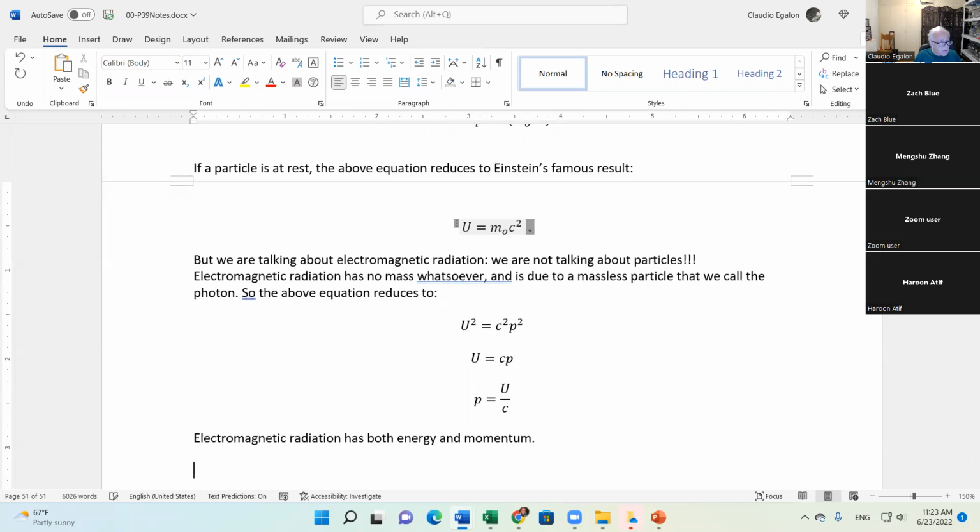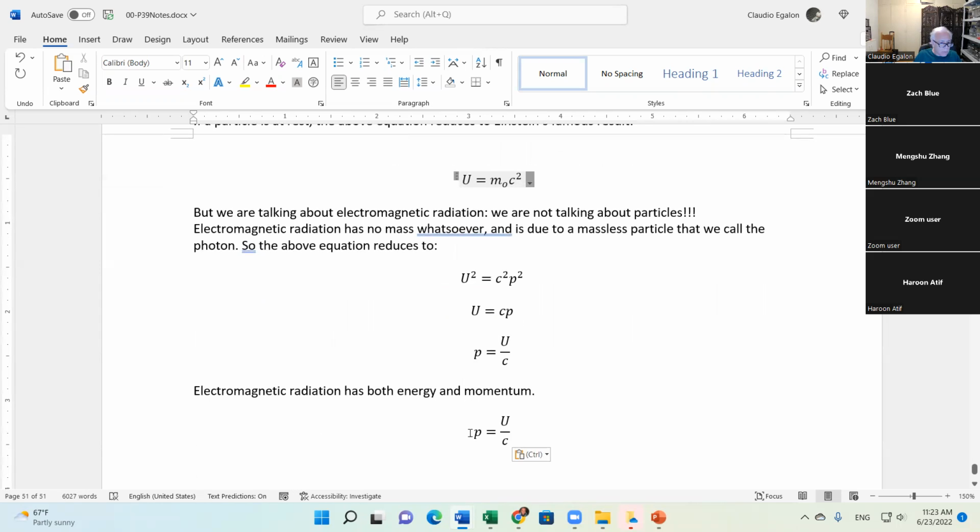Okay, what else can we talk about? Remember that force can be written in terms of delta P over delta T, right? So if your electromagnetic radiation has momentum, then it can also apply a force.